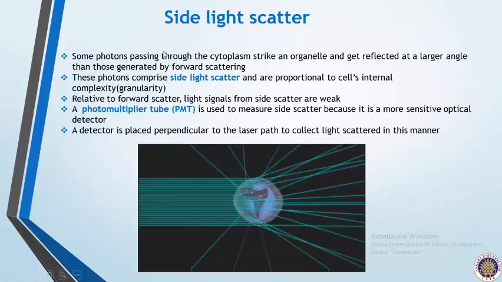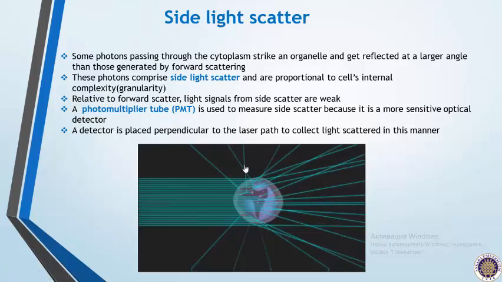There is also the second type of interaction of the laser beam with the cell, and it happens when the laser beam passing through the cytoplasm, which is translucent, strikes some organelle such as nucleus or endoplasmic reticulum within the cell. When it happens, the laser beam gets scattered at a larger angle and it forms the side light scatter.